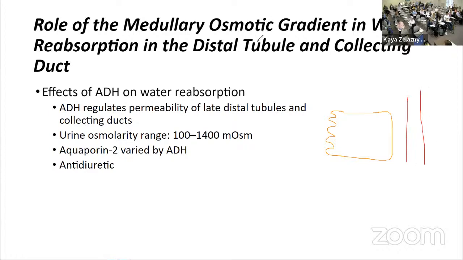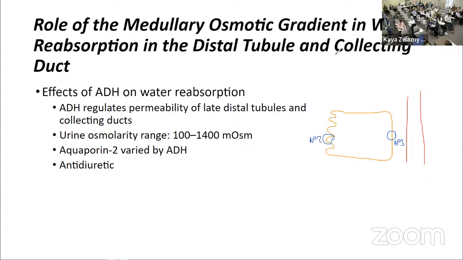We have our 2 aquaporins potentially. So aquaporin 3, always present here on the basolateral membrane. And we had our aquaporin 2, which may or may not be present on our apical membrane. So that's what we're varying to determine whether we can reabsorb this water.